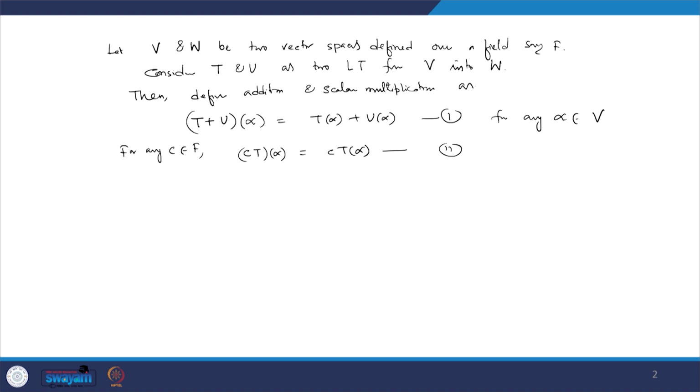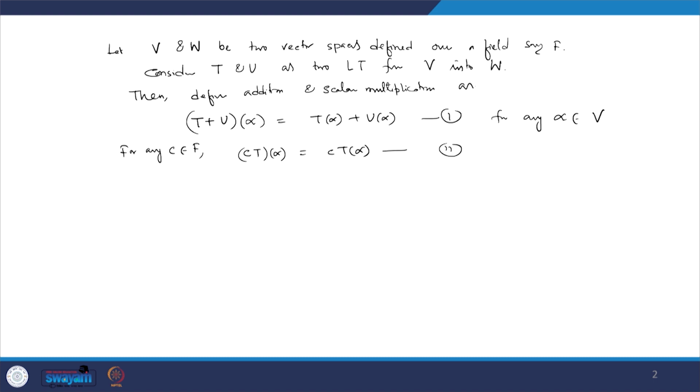Basically, if you consider V and W as two different sets, and if you consider the functions from V to W, and if you collect all the functions from V to W defined by addition, like 1, and scalar multiplication, 2, we have seen that it is a vector space.